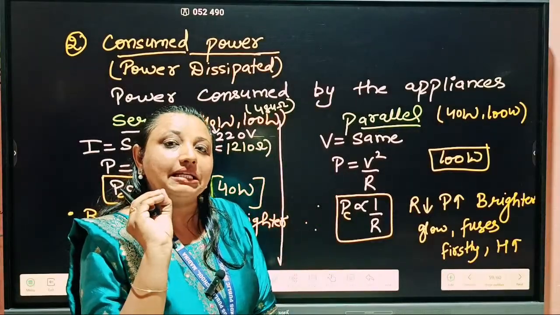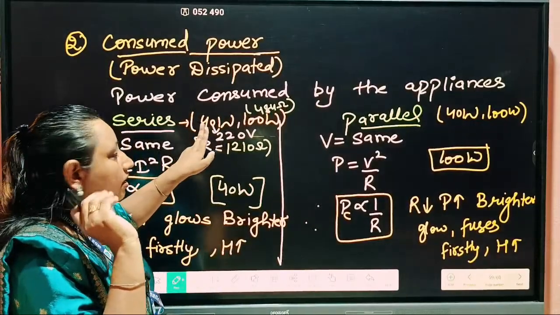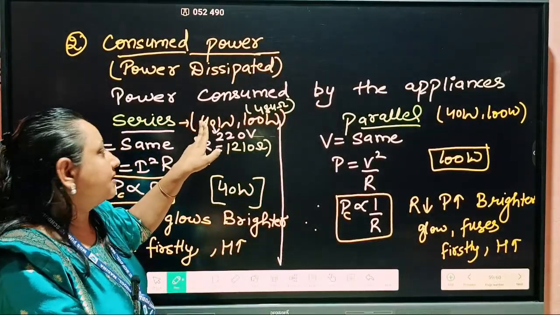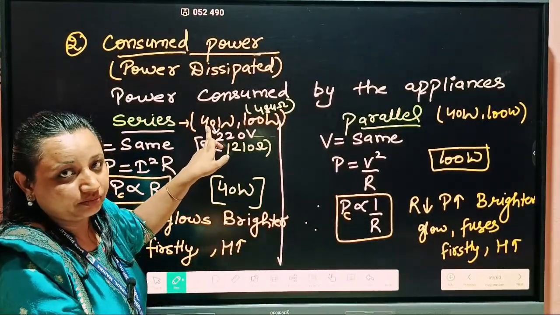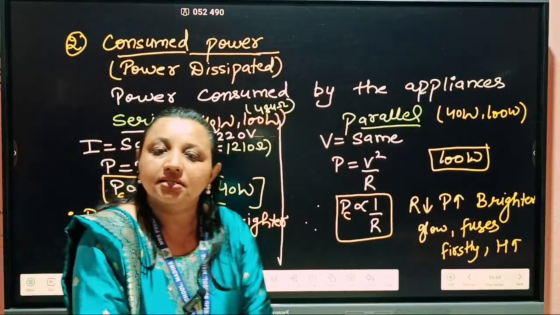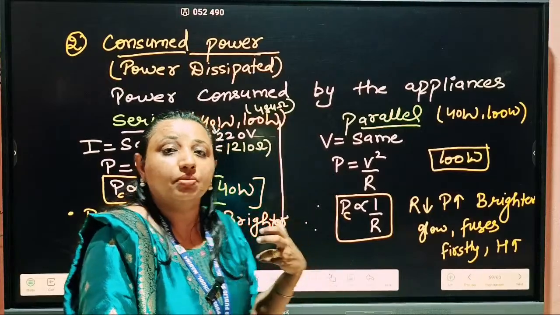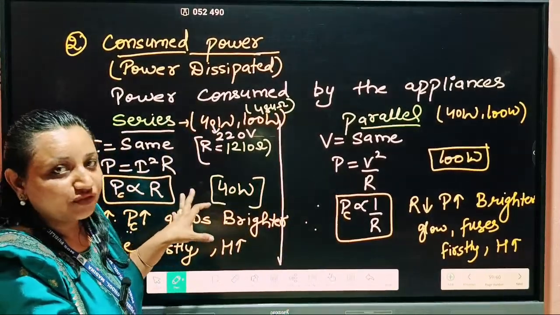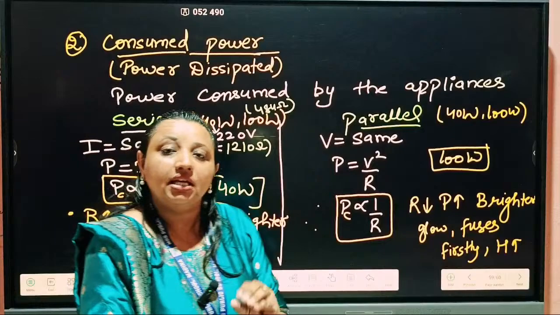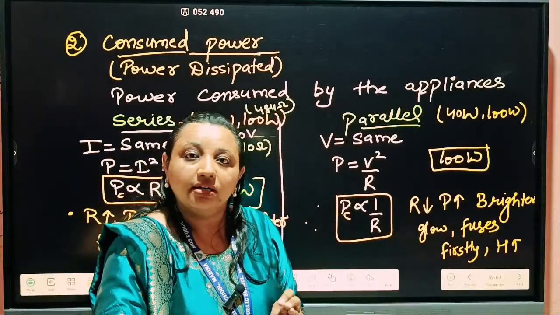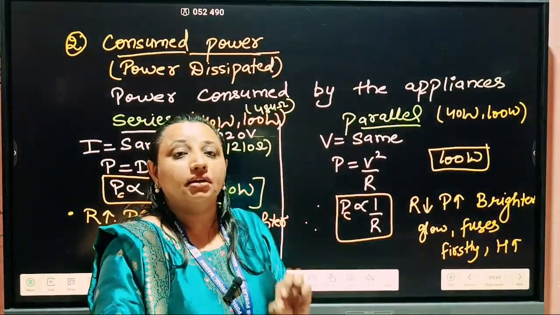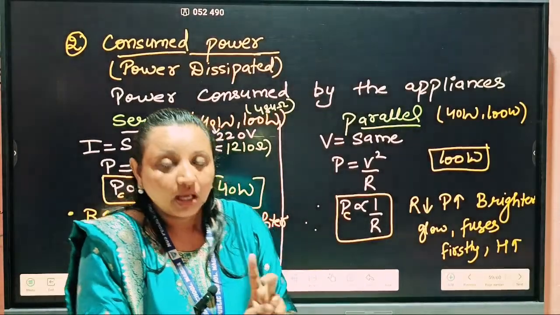We can simply say the electrical appliance having less rated power has high resistance, and power is directly proportional to R in case of series combination. We have to see whether they are connected in series or in parallel. तो सबसे पहले देखना पड़ेगा कि वो series में है या parallel में है.